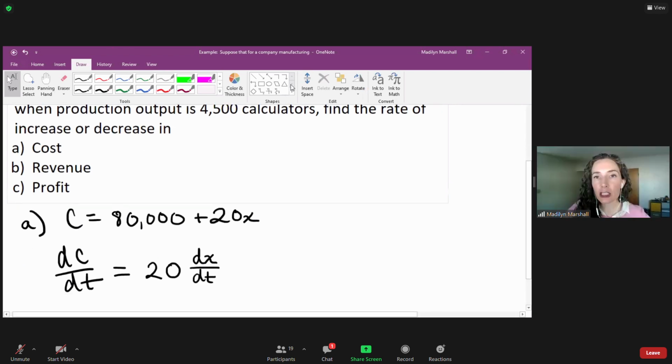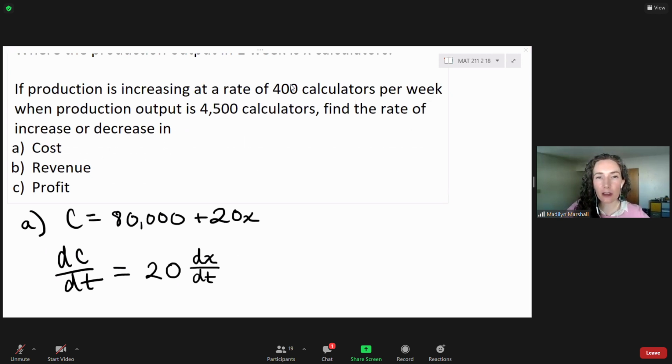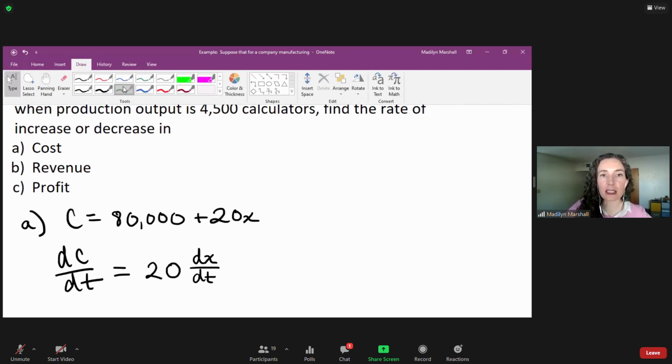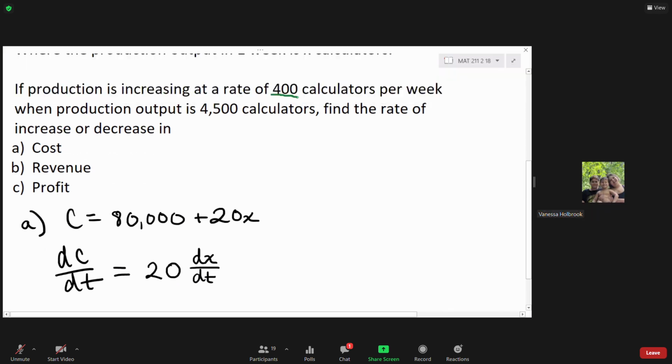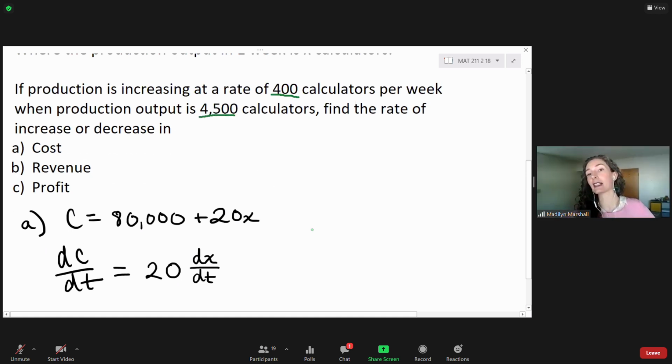So my question is about what those two numbers, 400 and 4,500, represent. I just launched a multiple choice poll asking what these numbers 400 and 4,500 are telling us we know.